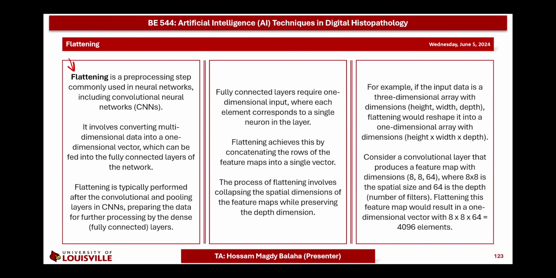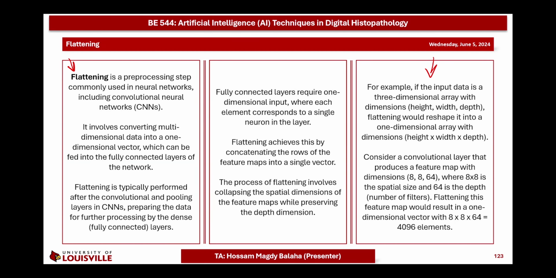So if you have input data as a three-dimensional array with dimensions height by width by depth or number of channels, by flattening it we'll get a one-dimensional array or vector with dimensions of height multiplied by width multiplied by depth. So if you have, for example, 8 by 8 by 64, the one-dimensional vector will be the multiplication of these three values. It will become 4096 elements in that one-dimensional vector.